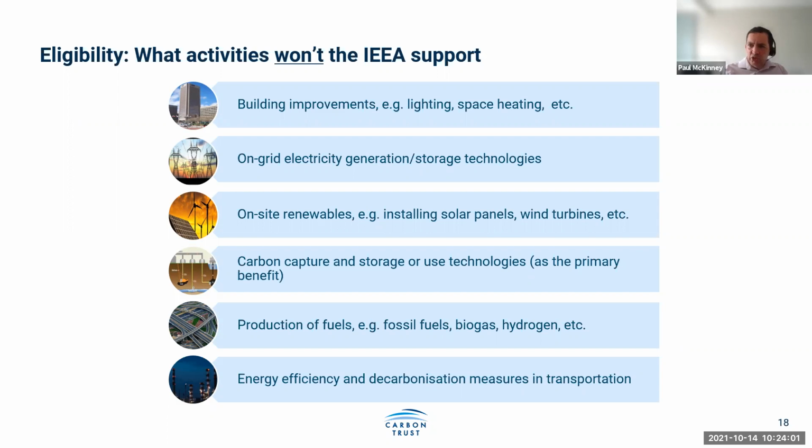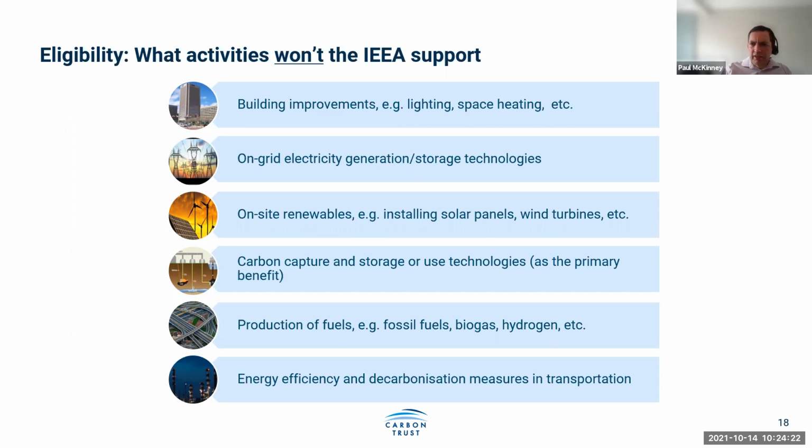Carbon capture, storage and use is covered by a number of other BEIS funding programs, so that's not covered. Production of fuels is not covered. Again, things like hydrogen are covered by other BEIS programs. And then transportation is not covered either.